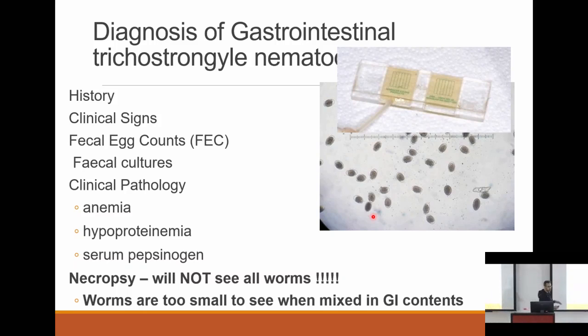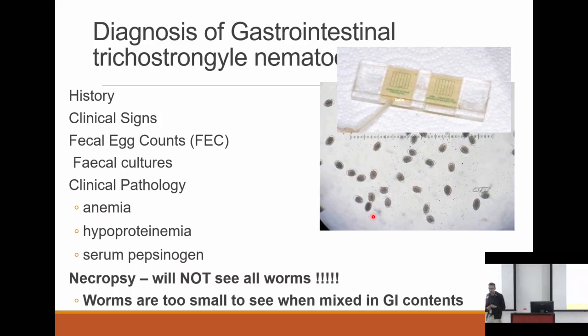Fecal egg count, you will perform not this week, but the week after next. Some clinical pathology, you will look into if the animal has become anemic or hypoproteinemic. Necropsy is also one of the ways to look for these worms.